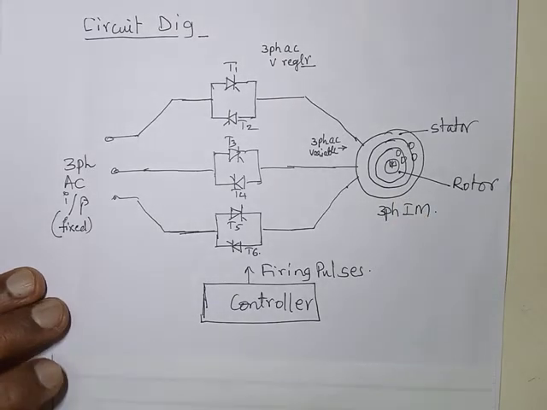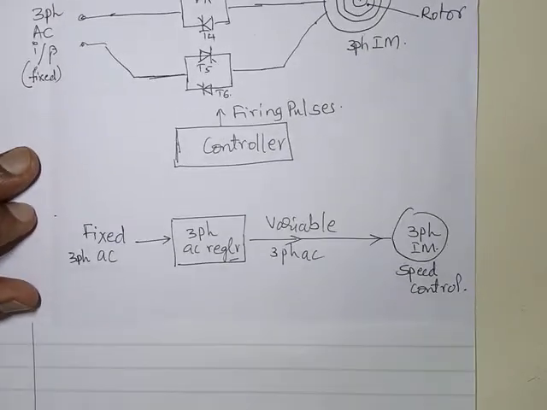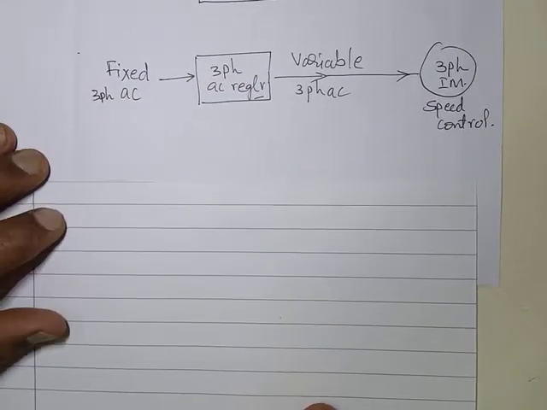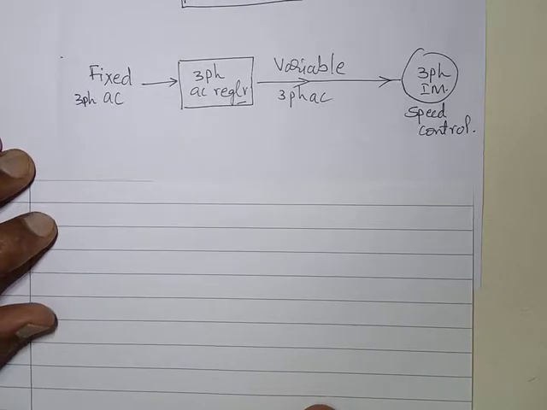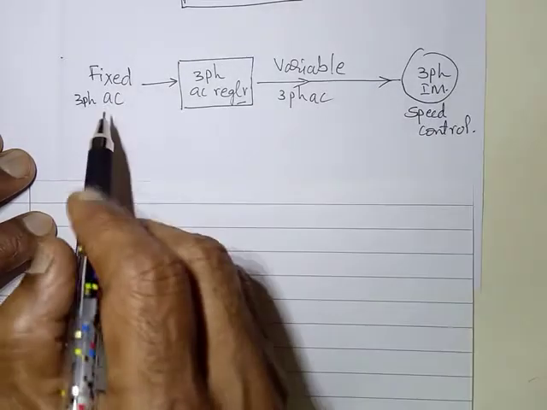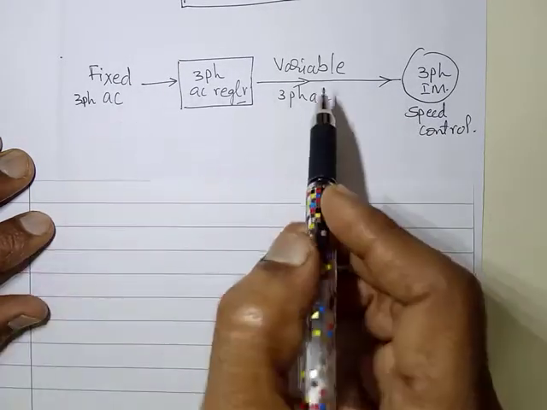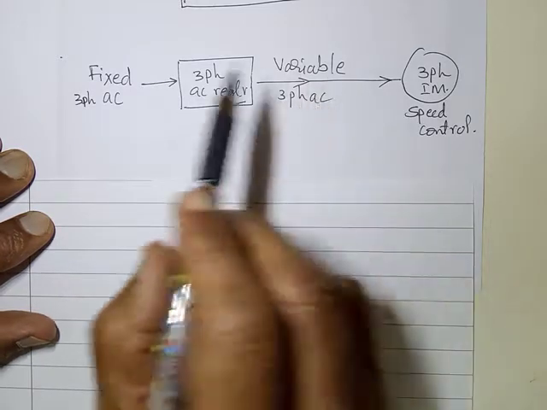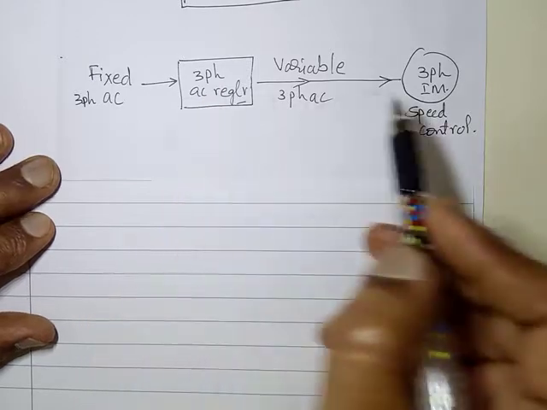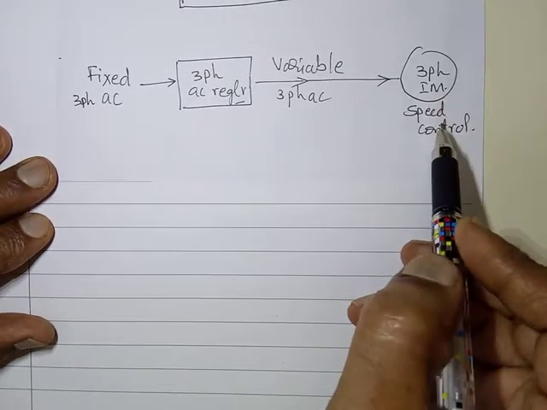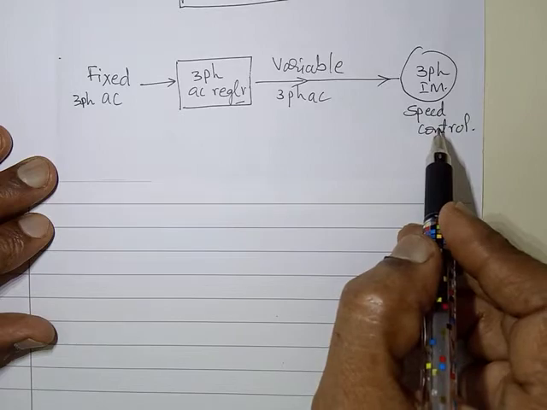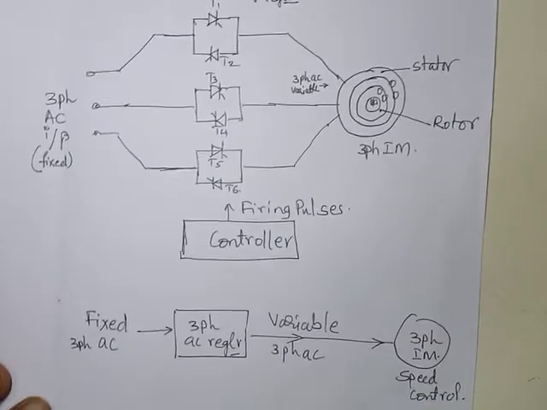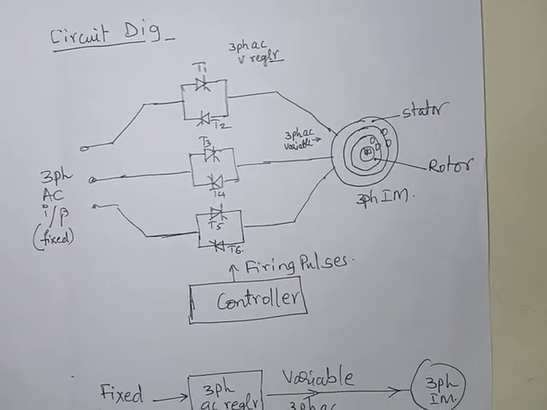That is the basic principle of this approach. Look at this, the same thing put in a very compact way. Fixed three-phase AC converted to variable three-phase AC, the voltage varied with the three-phase AC regulator, fed to the three-phase induction motor, changing the speed. So this is the schematic, this is the circuit diagram.